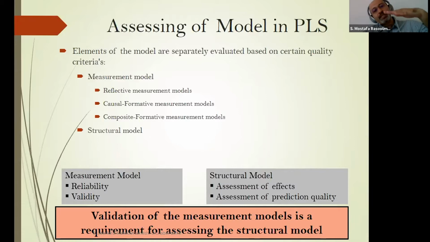So in the first step, we have to assess the measurement model, the reliability and validity of constructs. And in the second step, when we establish reliability and validity, we can go on to assess the structural model and the relationships between constructs, between variables, right?